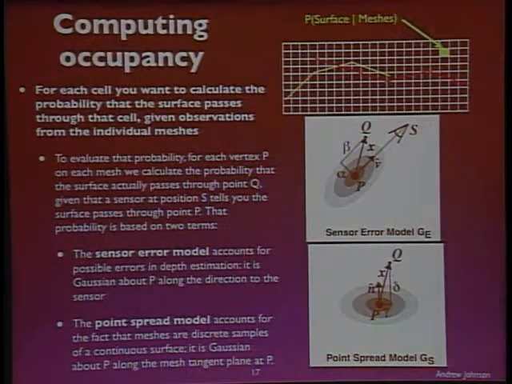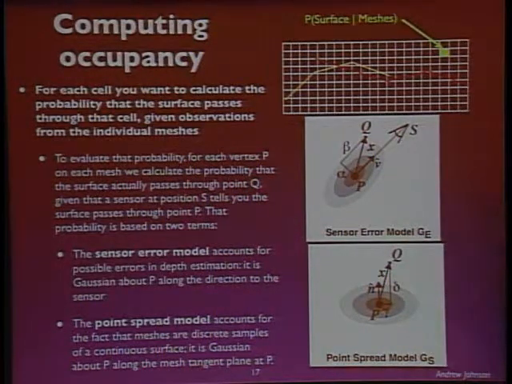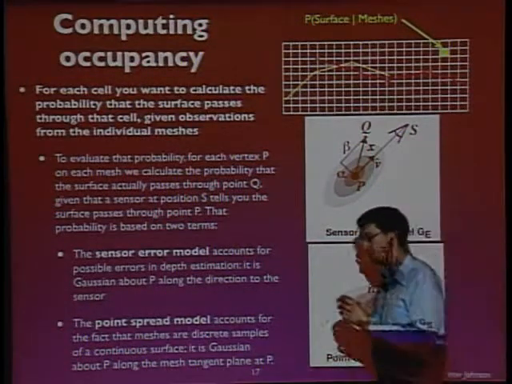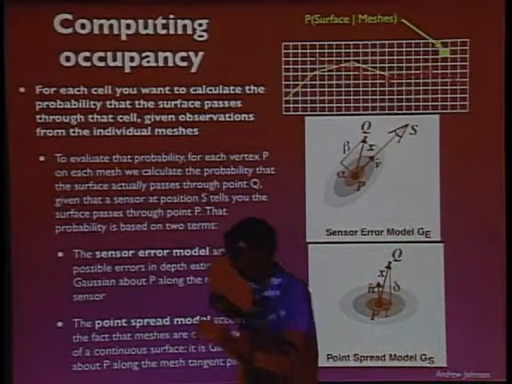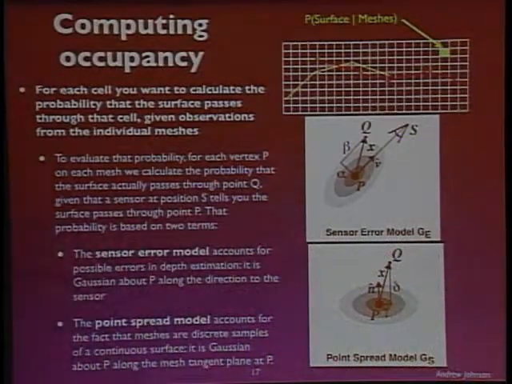So in fact, what's going to happen is that for every point on every 3D mesh, I'm going to take the position of where it was observed in my data set and smear it around. I'm going to smear the probability that the point is there towards and away from the sensor to account for the fact that I'm not 100% sure that the point is actually where I said it was.